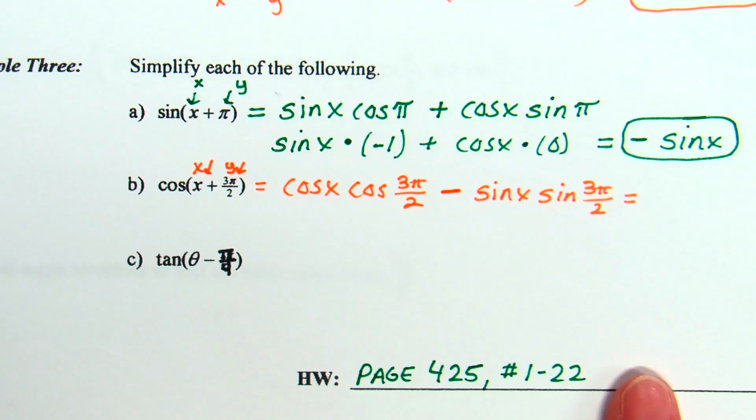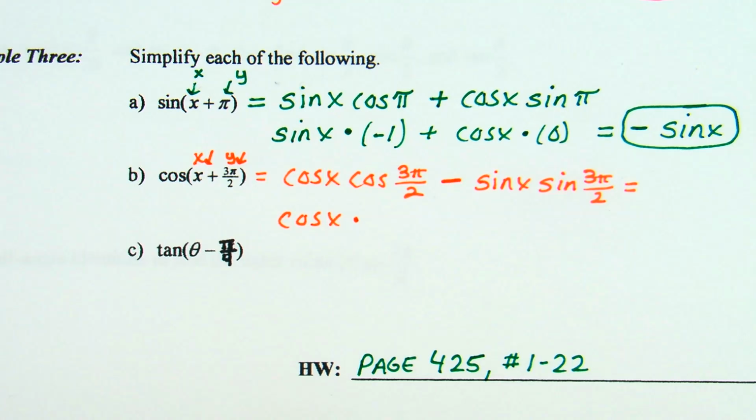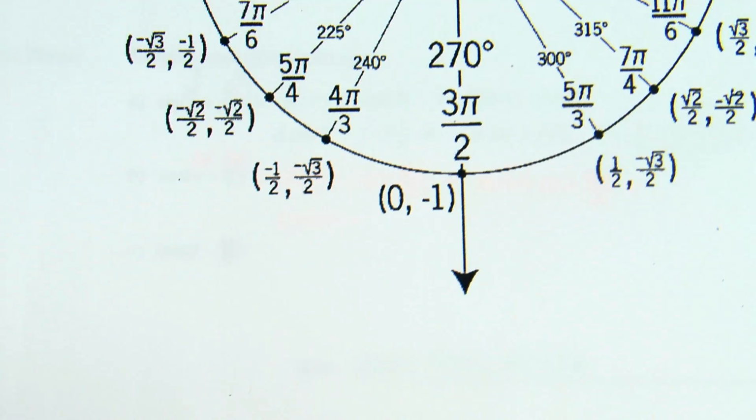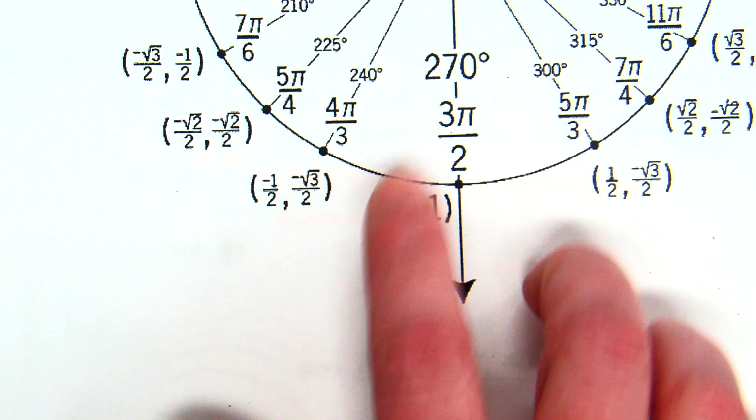Like the last problem, we're stuck with the x's, right? Cosine x, cosine of 3 pi over 2. The cosine of 3 pi over 2 is 0, and while we're here, the sine is going to be negative 1.